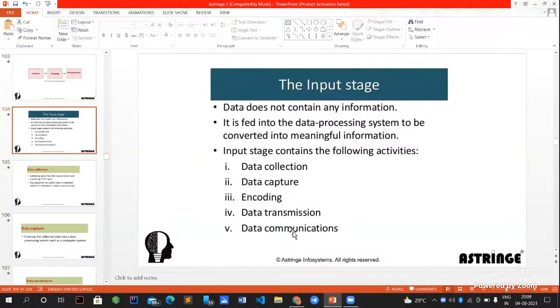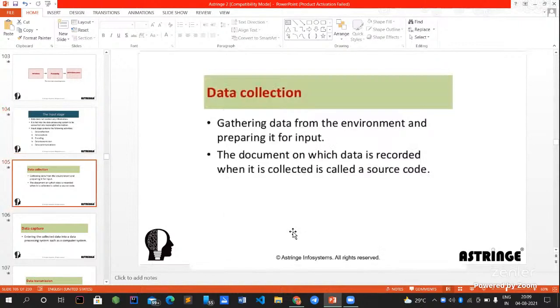When your data has been provided as raw material, you want that data as an output of useful information. In the input stages, we have four activities: data collection, data capturing, data transmission, and data communication. Now, in the data collection, I'll give you the example of your neighbors.